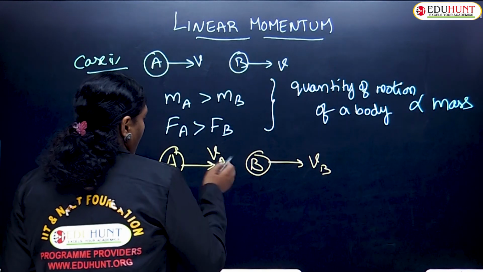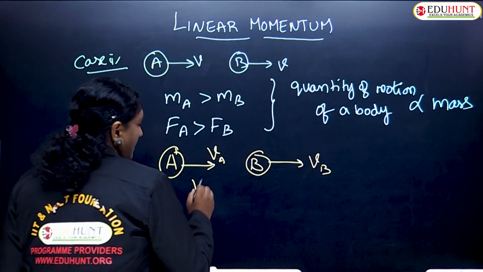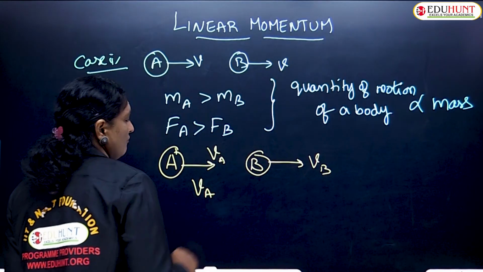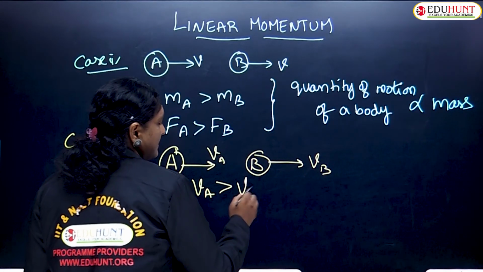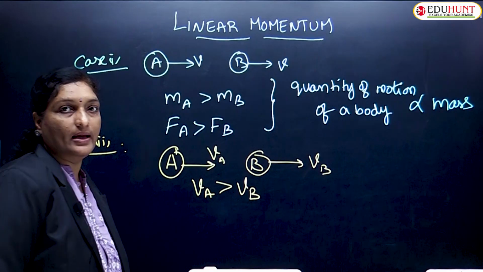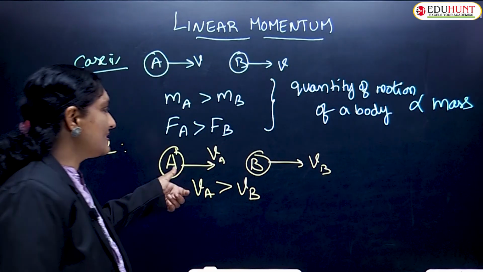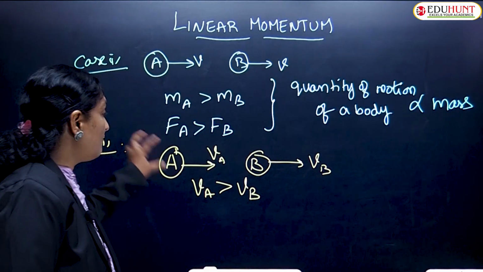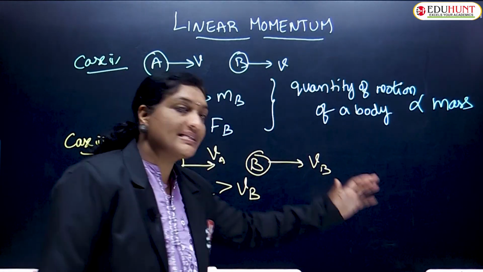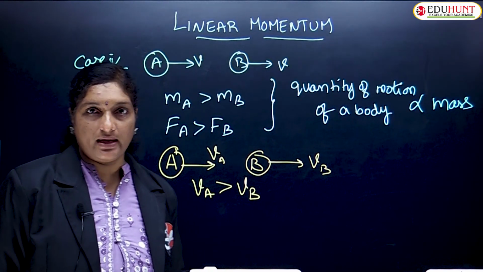Here we say that the speed of the first body A is greater than the speed of the second body B. That means the first body is moving faster when compared to the second body B.